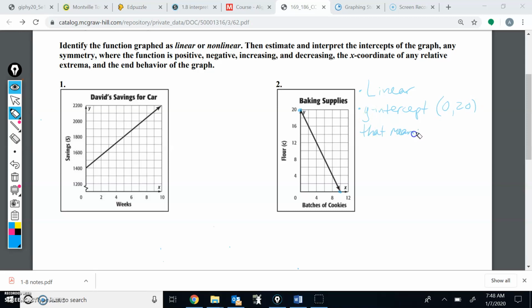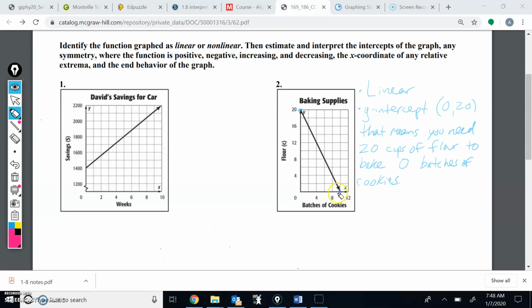That means you need 20 cups of flour to bake 0 batches of cookies. Which doesn't really make sense, but that's what this graph looks like.